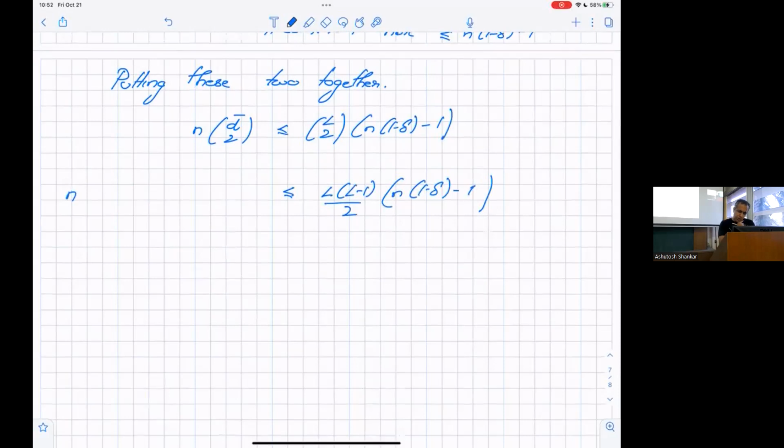And I think I can replace this with 1 minus tau L, because I'm just using d bar is greater than or equal to 1 minus tau times.